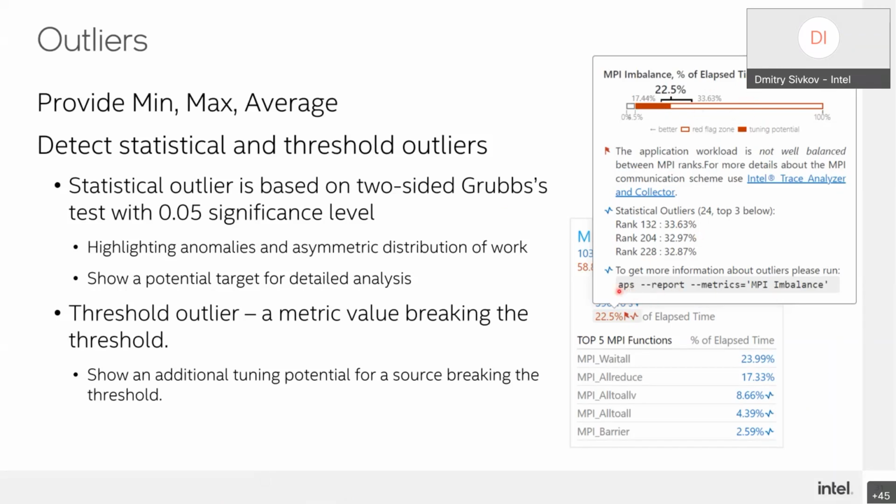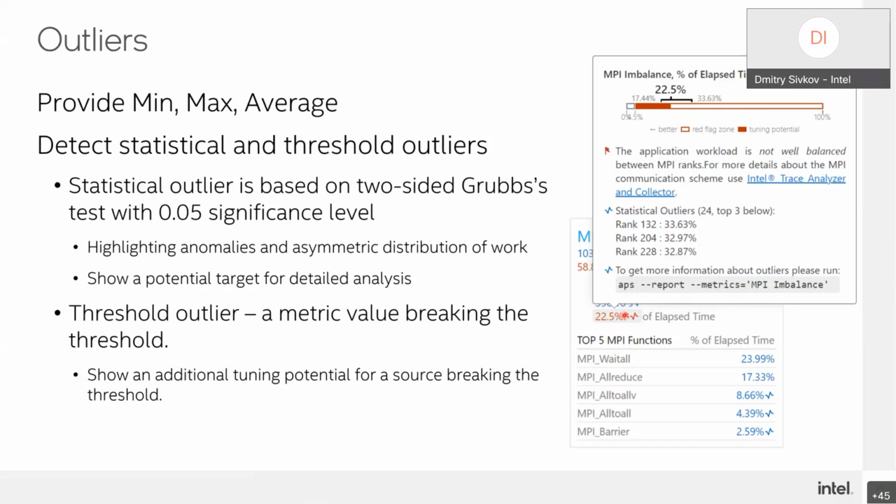To get information about outliers, you need to get APS reports and filter metrics for MPI imbalance. After this, you need to go to MPI Insights. It is not shown on the summary page, but you can get the information from MPI Insights and from MPI time.